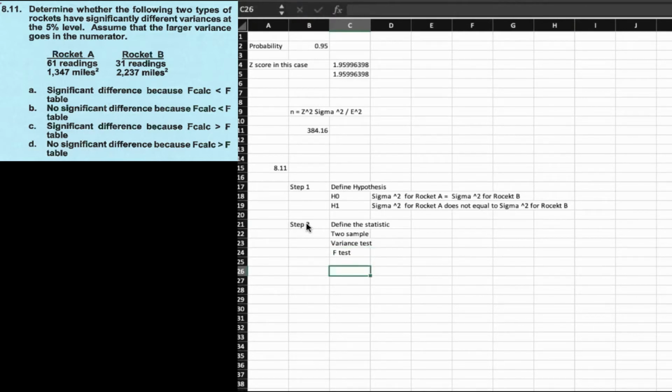So this is an F test, and the formula is F equals variance A over variance B. Right? That's the formula. If you look at the question, I mean the section, you will see that too. So to define the statistic, I would know that because it's a variance test.